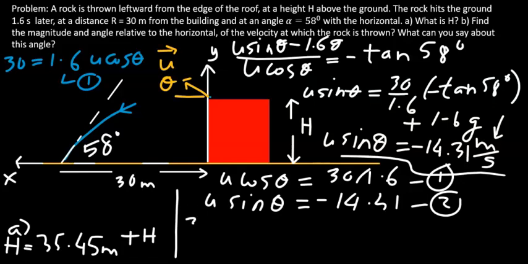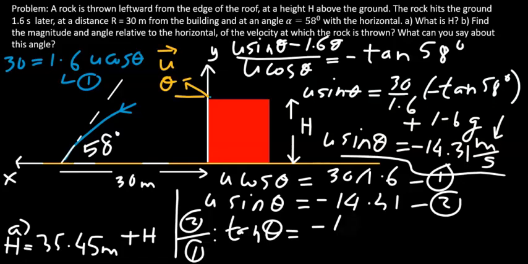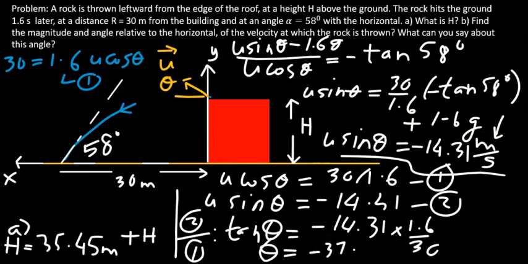By taking 2 over 1, you can calculate tangent theta, and it will be minus 14.31 over 30 over 1.6, or times 1.6 over 30. And solving for theta, you get minus 37.35 degrees.